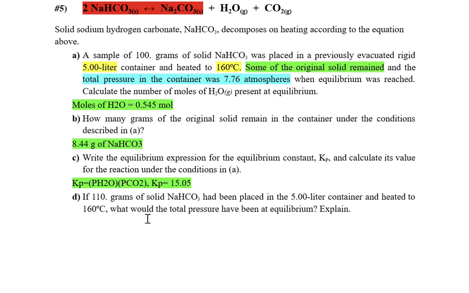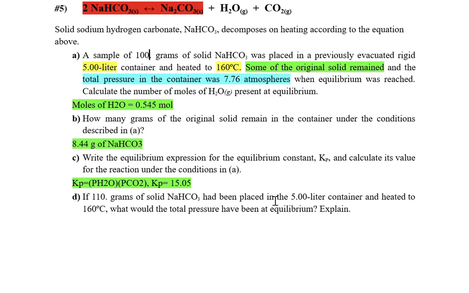We added 10 grams, so what's going to change? Everything else remains constant. We still have our same 5 liters and 160 degrees Celsius. It's asking how the pressure would be affected if we change the grams.